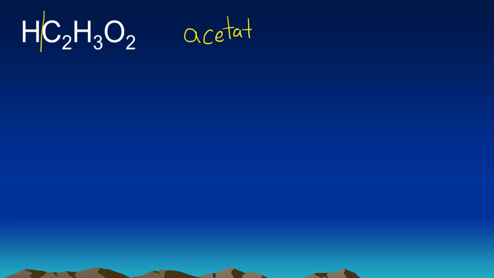And so you can look at your ion chart and see that. So ate gets changed to what? Well, we take off the ate, and ate gets changed to ous. Gets changed to ic. I misspoke. So it gets changed to ic, I-C. So it's acetic acid.